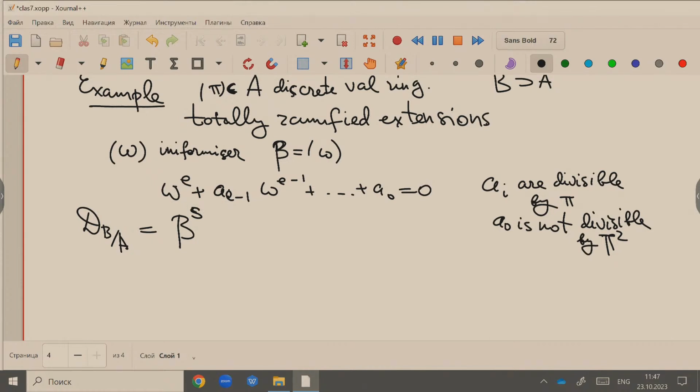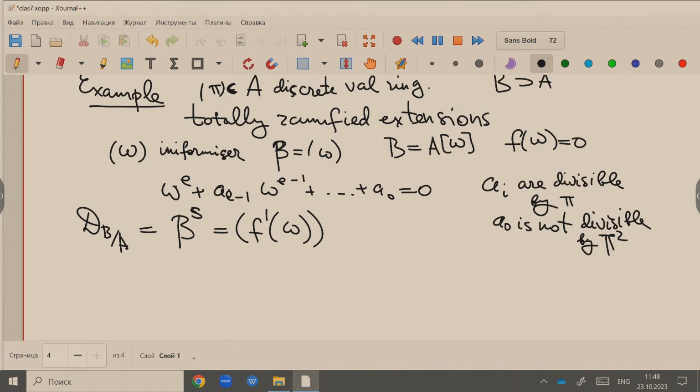But in order to calculate it, you know that it is a principal ideal, since your extension is generated by one element: B is obtained by adding omega to A, the root of F. So it is the ideal generated by the derivative of F applied to omega.